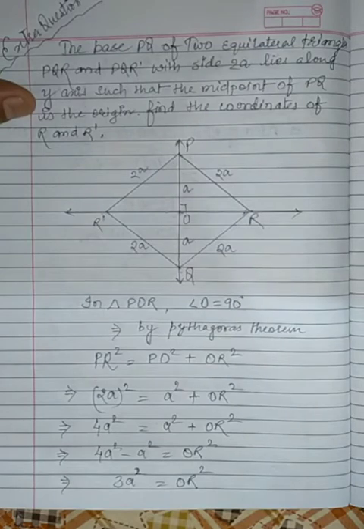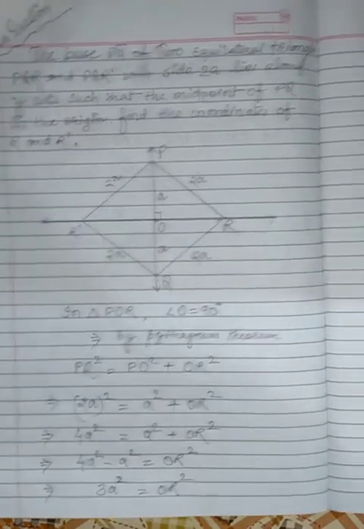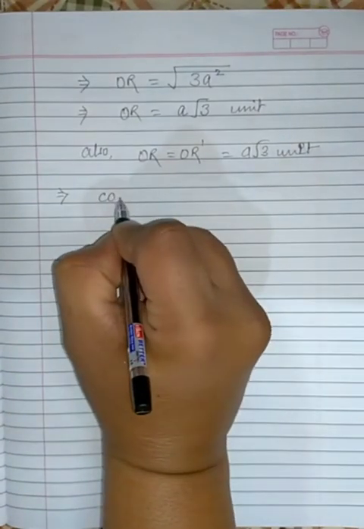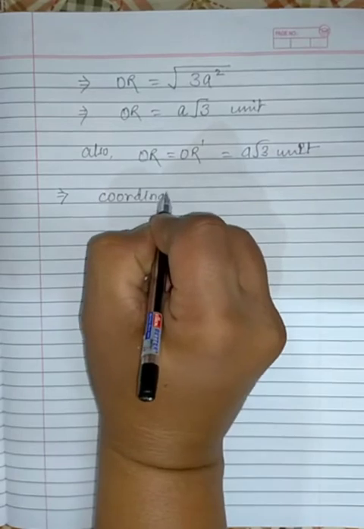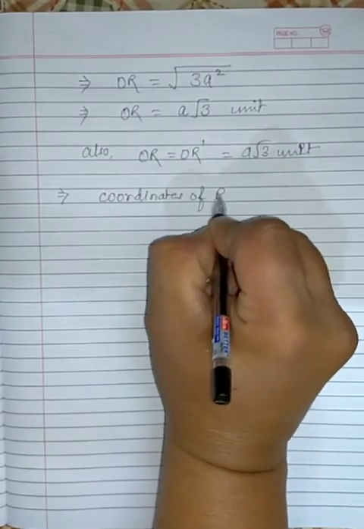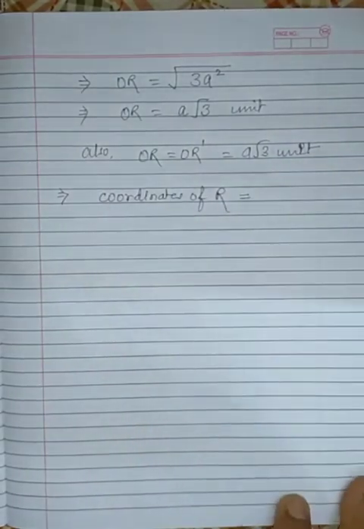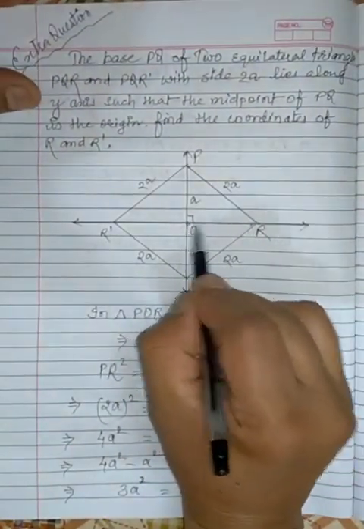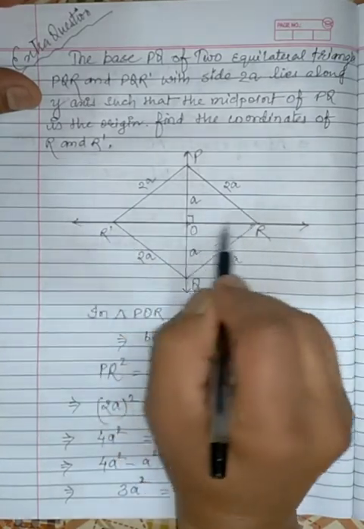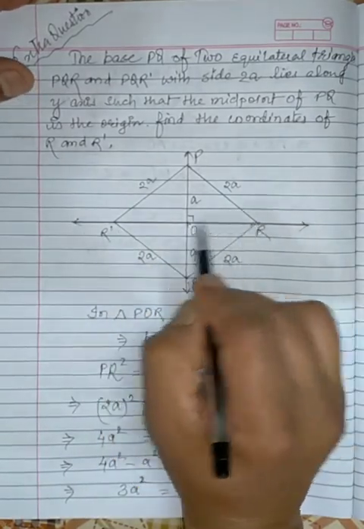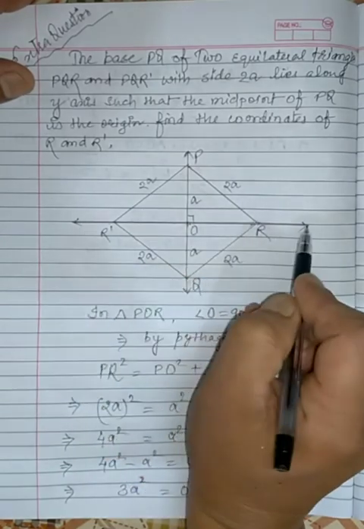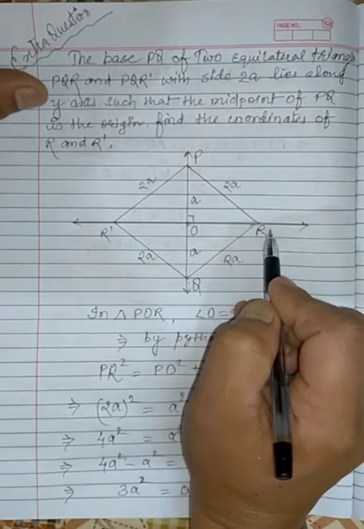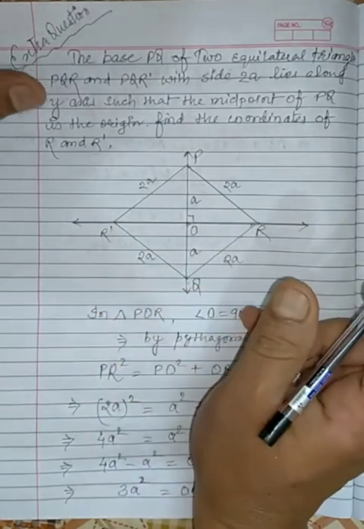That implies coordinates of R will be equal to, now being on the positive side of x-axis, this point OR is along x-axis, and any point on x-axis has the coordinate x comma 0, because on x-axis y is always 0.